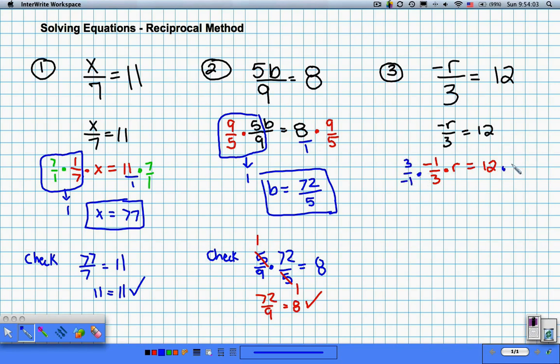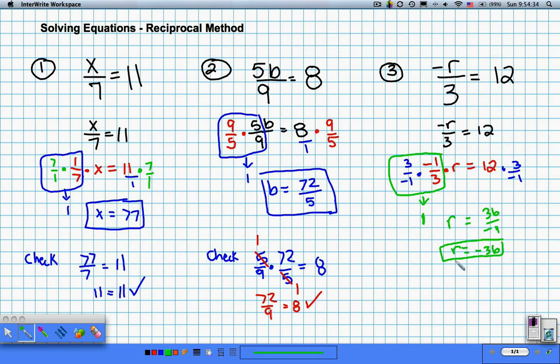Now I can multiply by the reciprocal, which is a negative 3. We want to take that negative with us on both sides. It really doesn't matter where you put the negative, but if you want to keep it with the number 1, that's fine. So here, notice it turns into positive 1. So we're left with r equal to 12 times 3, which is 36, over a negative 1, which means r equals negative 36.